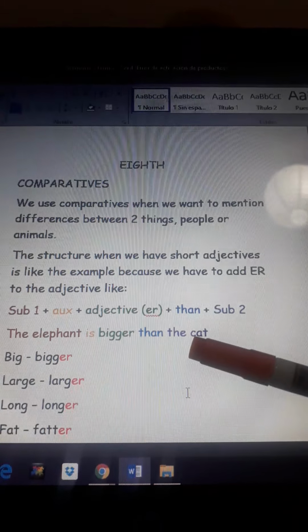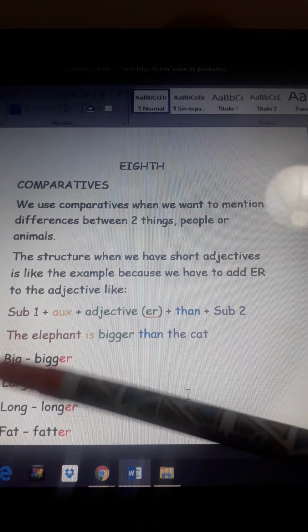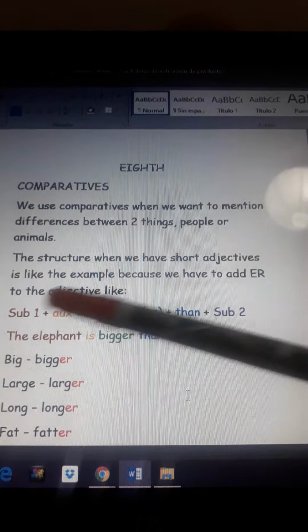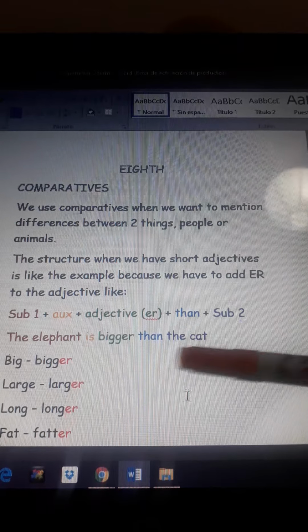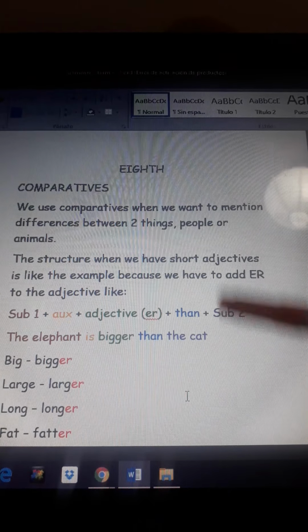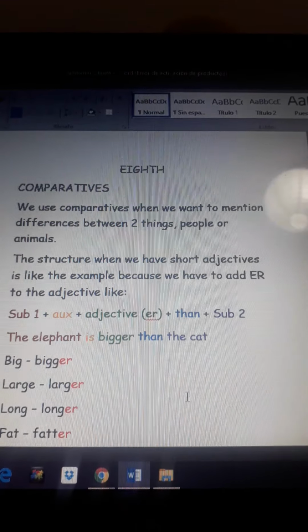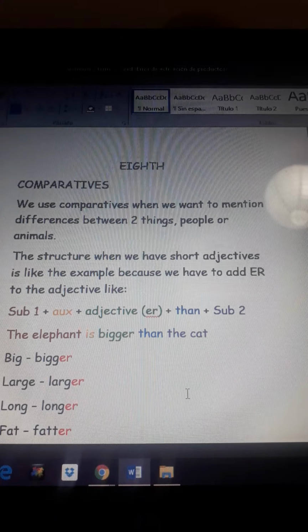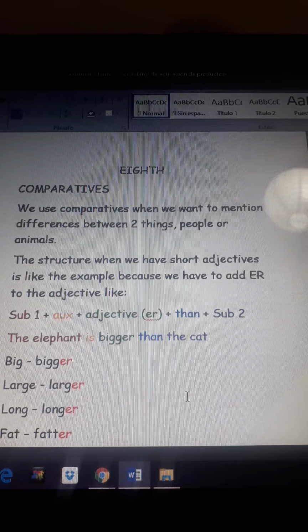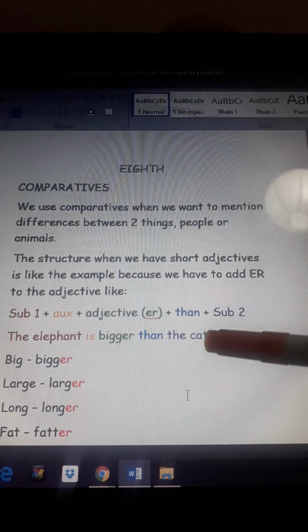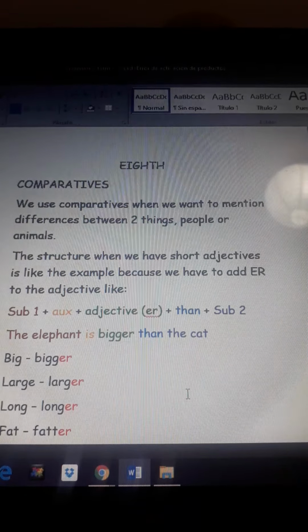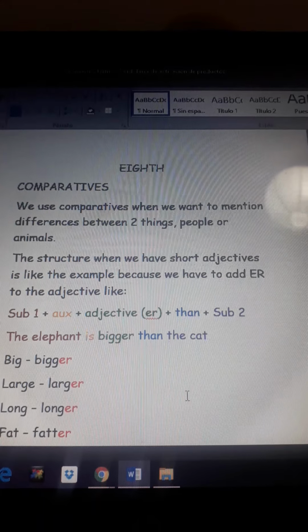Then the cat. This is the comparison. I am saying that this animal is bigger than the cat. So if we want to mention, for example, the cat is bigger than the butterfly, we can.